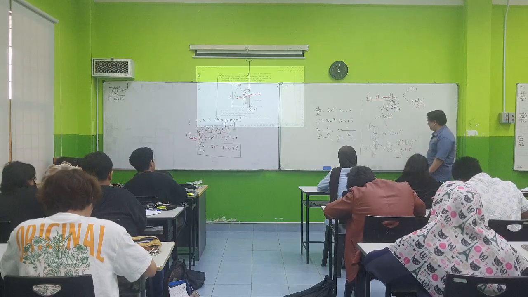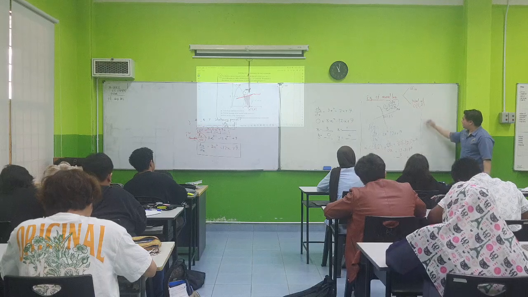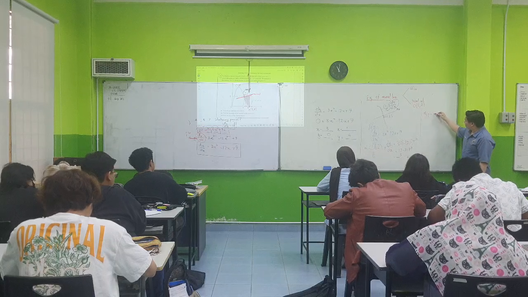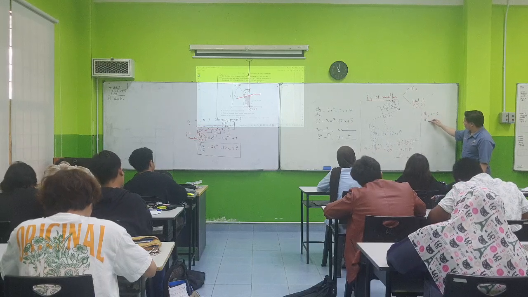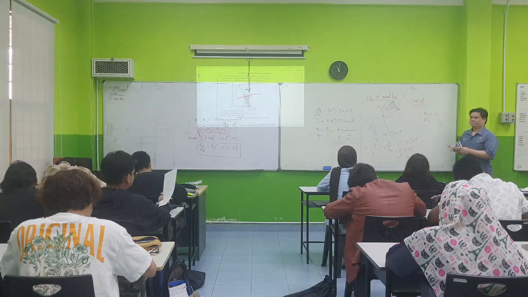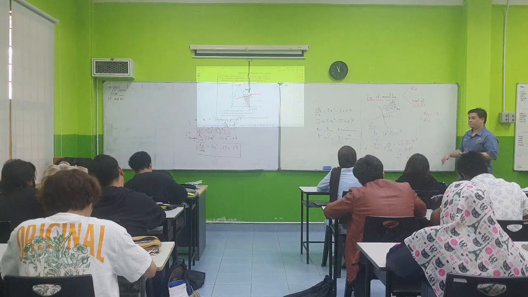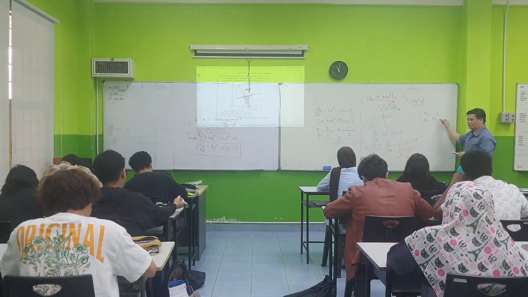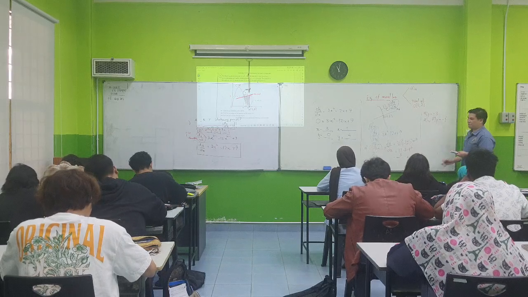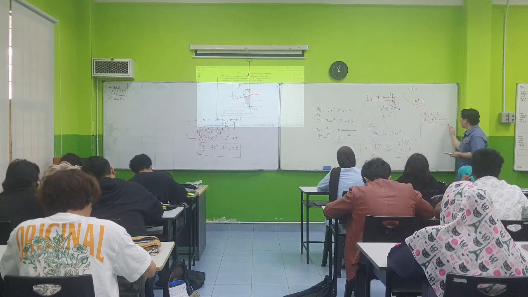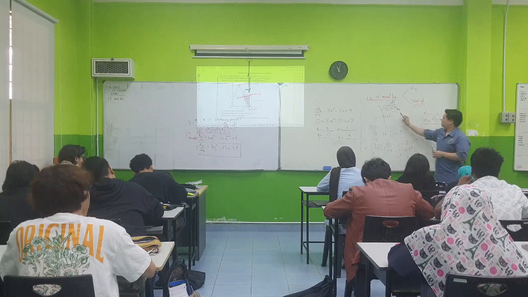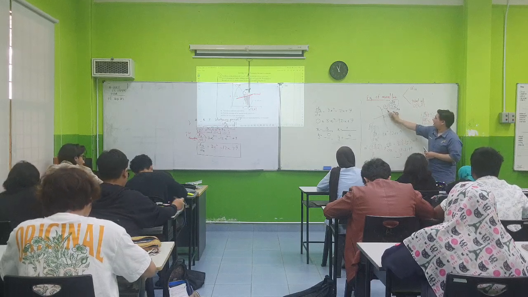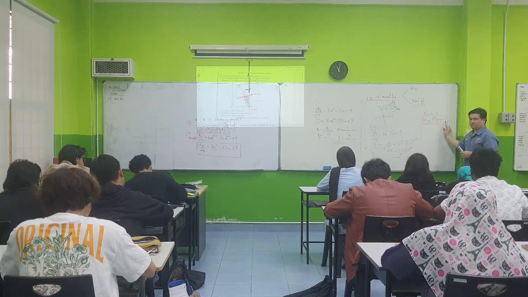You have the gradient of the tangent, minus 3. So how to find the gradient of the normal? The gradient of the normal times the gradient of the tangent is always equal to minus 1. This is the relation, interrelated based on negative 1.